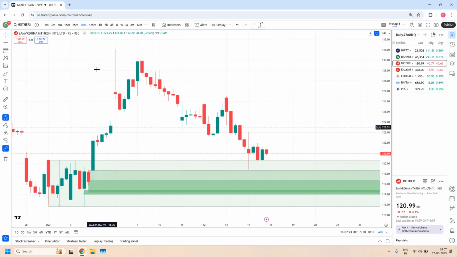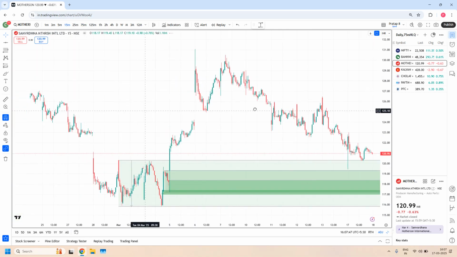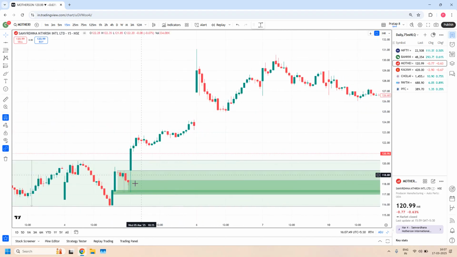Within this rally, base, rally, go to the 15 minutes time frame. Here also you have a drop, base, rally candle. Again, within this 15 minutes, go to the 5 minutes time frame.